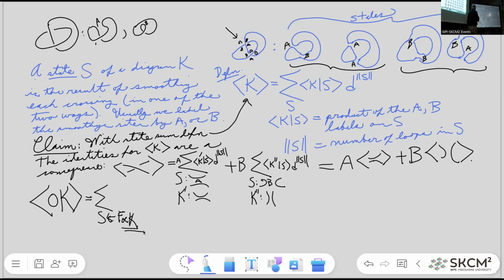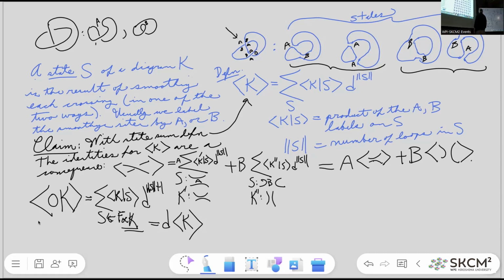I just sum over all the states of K. And then I have bracket KS because there aren't any labels or anything over here. So it's just the state related to the label. And then I have D to the norm of S, the number of loops in that state, plus 1 because I have the extra loop. But that is saying exactly that this is equal to D times the state sum for K. That's it.